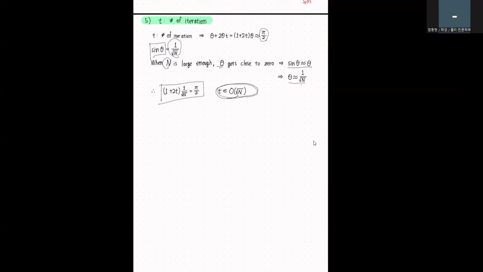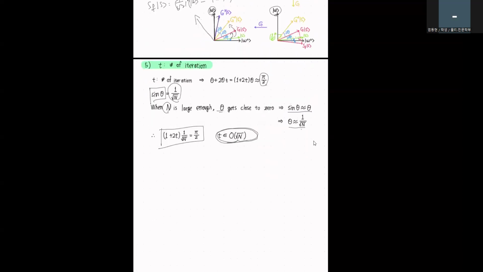And of course, you can actually expand this algorithm to many different solutions, M, and it turns out that in this case, Grover's algorithm is actually proportional to the square root of n over M.